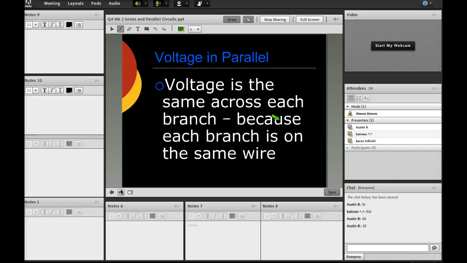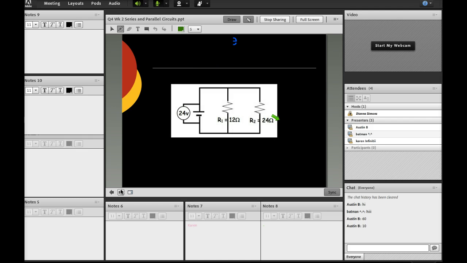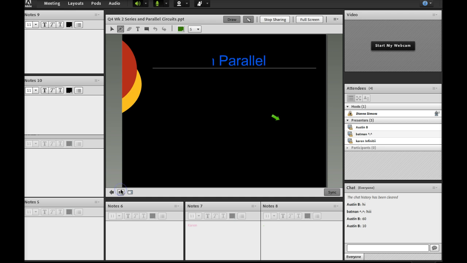It's the same across each branch because each branch is on the same wire. All right? So what's the voltage in this circuit? 24. Yes, it's 24 across each branch. Excellent. Easy, right?